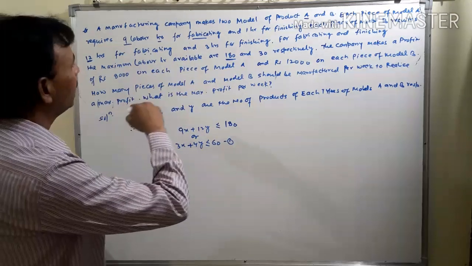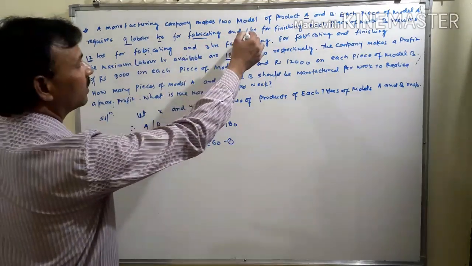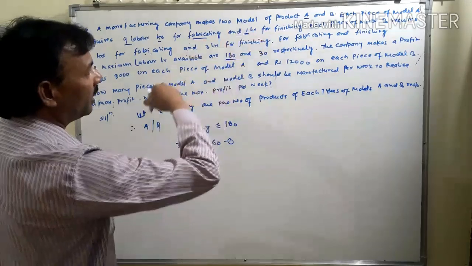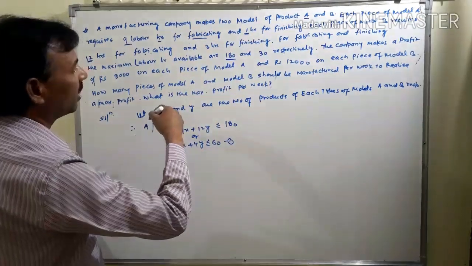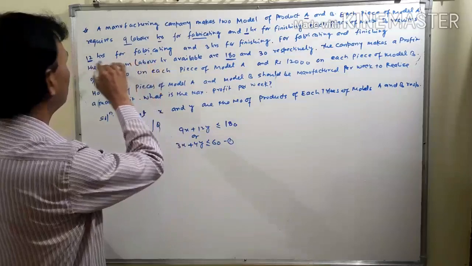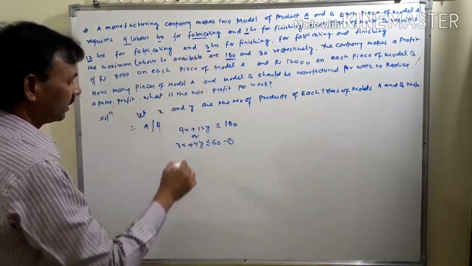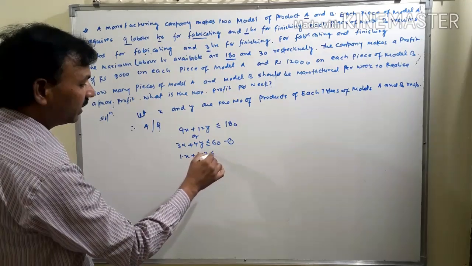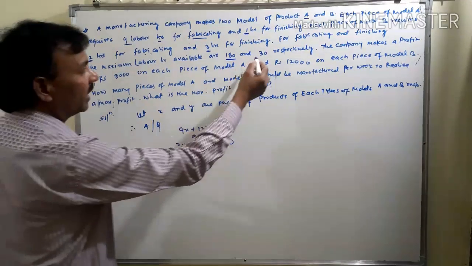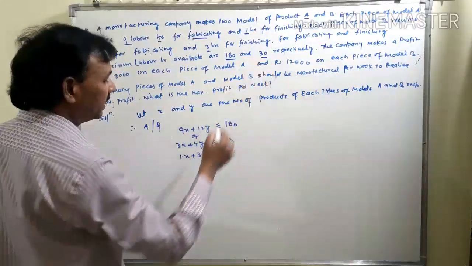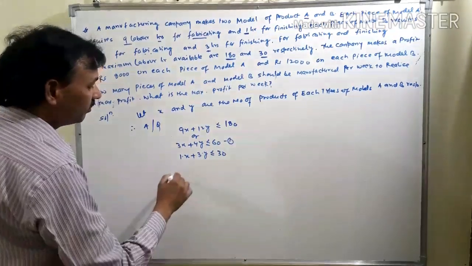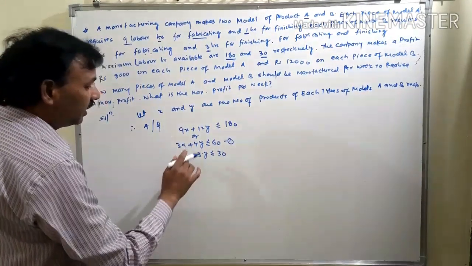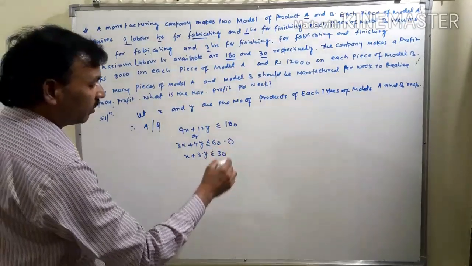Second condition: for the finishing, model A requires 1 hour and model B requires 3 hours. That means 1 into x plus 3 into y is less than or equal to the maximum hours available for finishing, which is 30. That means x plus 3y is less than or equal to 30.